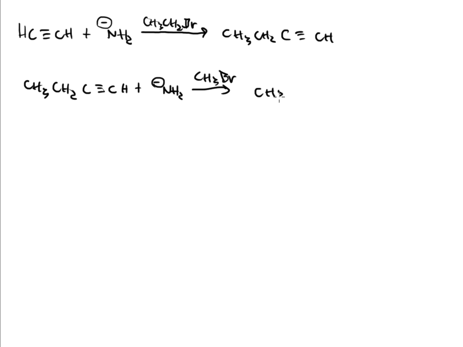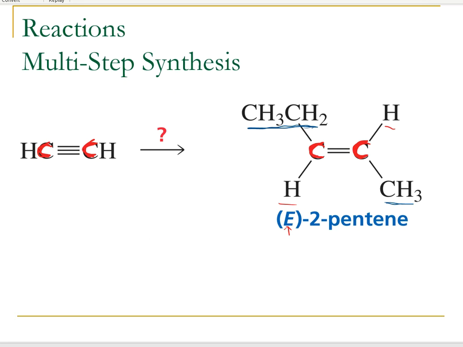And this will give me CH3, CH2, carbon, triple bond, carbon, and then CH3. So there's that. Getting closer, right? Here's my triple bond. I've got an ethyl to the left and a methyl to the right.